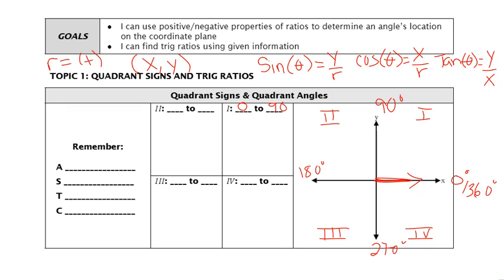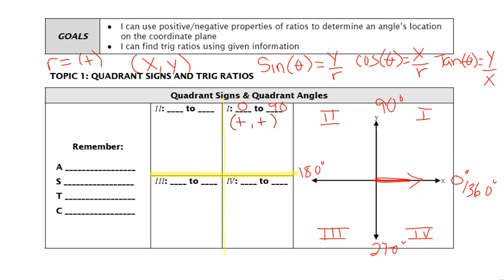And this is basically like a giant coordinate plane here. So basically from 0 to 90, we're going to notice that all the points in quadrant 1 are positive. x is positive and y is positive.